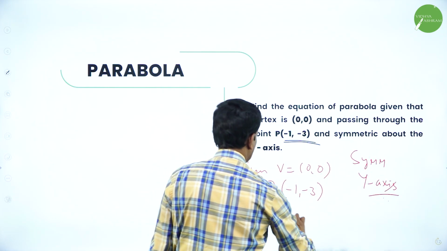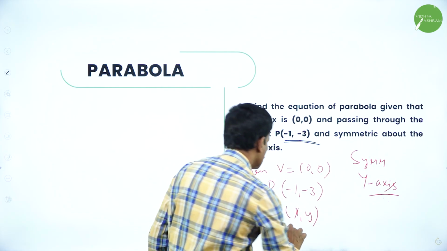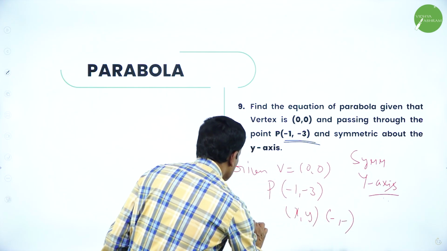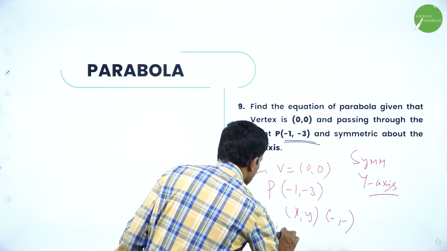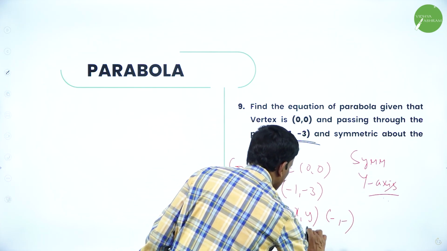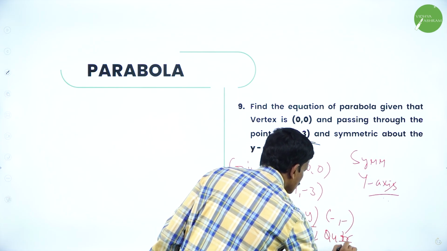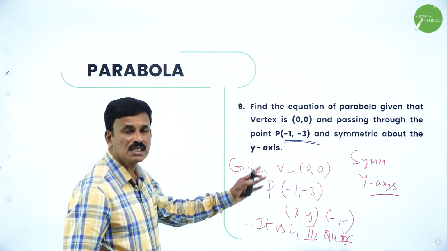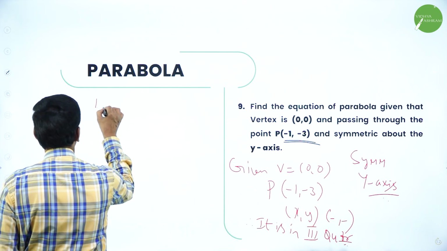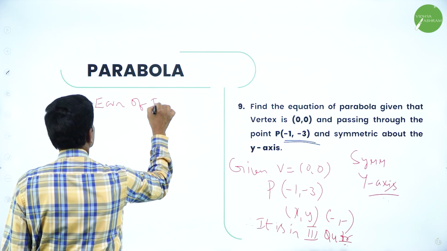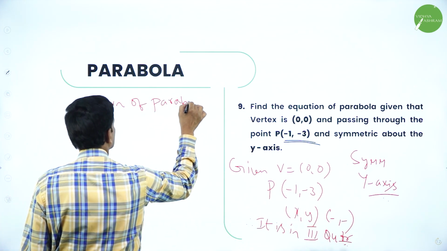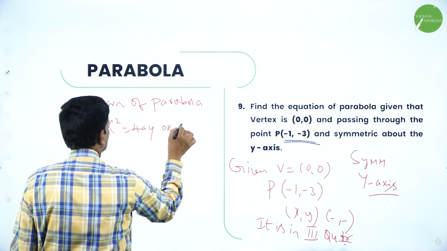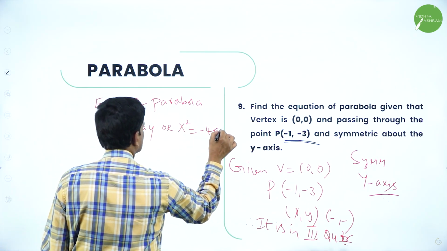Now this is x, y. So point is minus and minus, means it is in third quadrant, right? So the point lies in the third quadrant. Since it is symmetric about the y-axis, therefore the equation of the parabola is x square is equal to 4ay or x square is equal to minus 4ay.